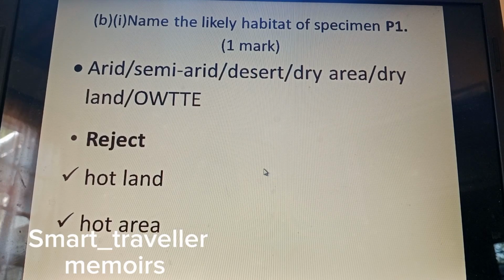Its habitat is arid. You say arid, or semi-arid, or desert, or dry area, or dry land, or something to that effect. Reject if somebody says hot land or hot area. That one will be cancelled.